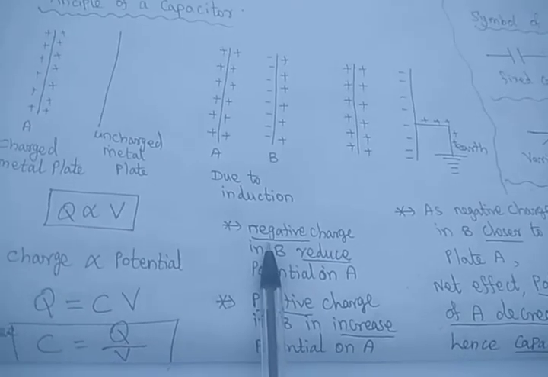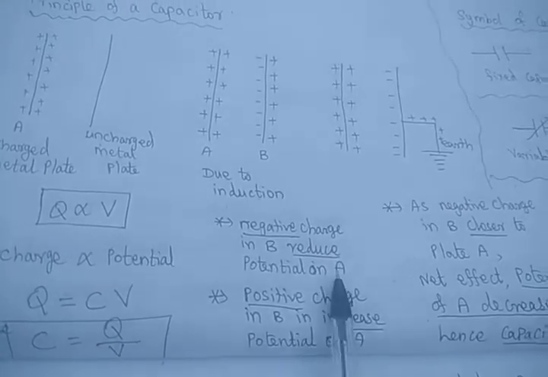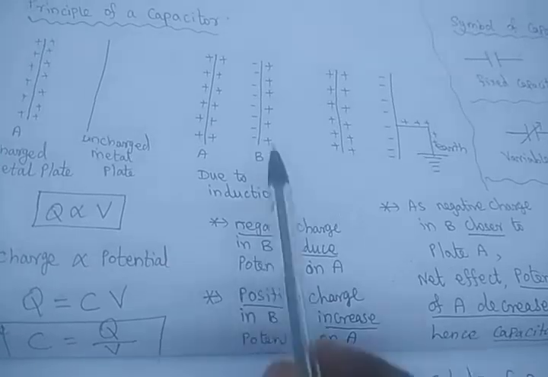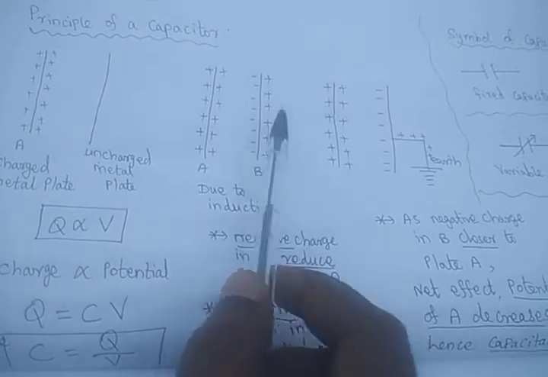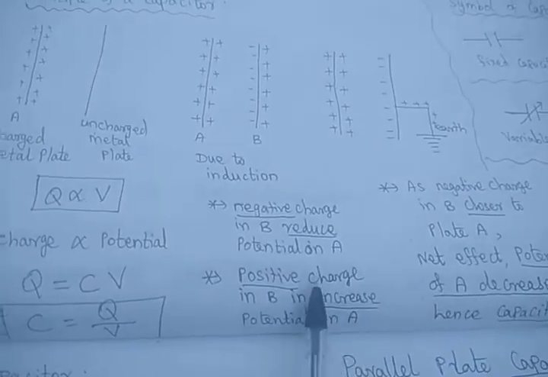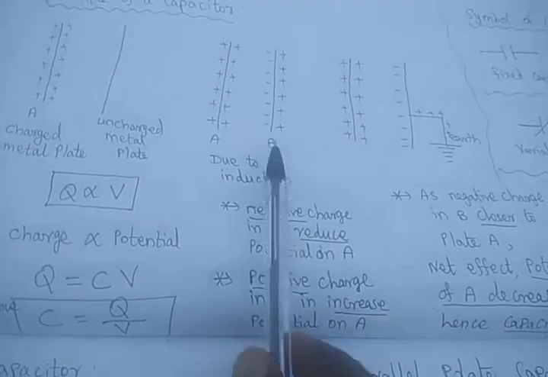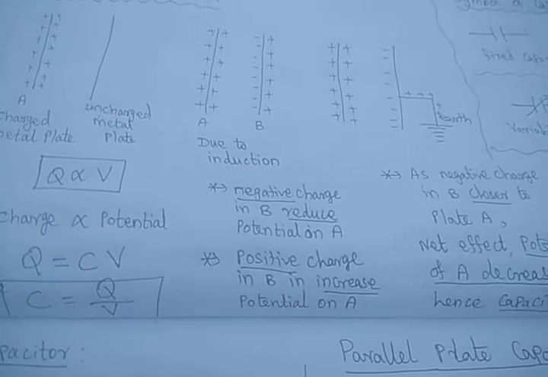But the positive charge in B adds up to the total positive charge of the system, so it increases the potential on A. Negative charge reduces the potential and positive charge increases the potential.